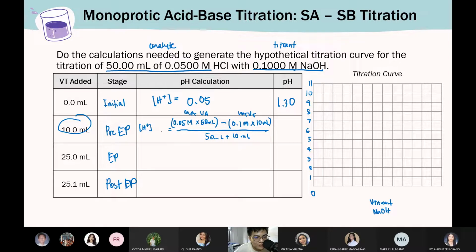Okay? Basta ipa-plug in nyo lang yan sa calcu. Rewrite ko lang para sakto yung space. Okay? So, ano yun? 0.05 minus 0.1 times 10 ml divided by 50 ml plus 10 ml. So, ang sagot daw dyan, 0.025. Okay? So, yan daw yung molarity. 0.025.